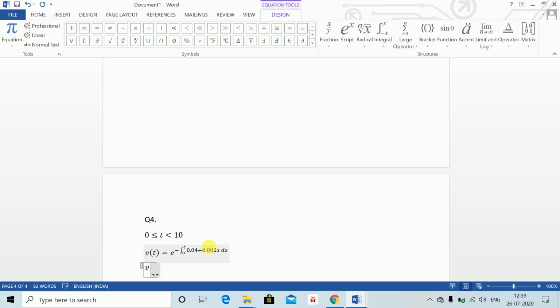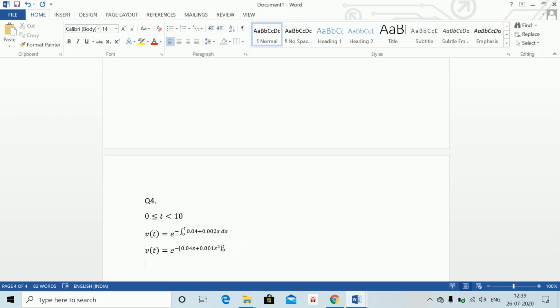So v(t) is equal to e to the power minus of, in brackets, 0.04 s plus 0.001 s square, brackets close, with limits 0 to t.